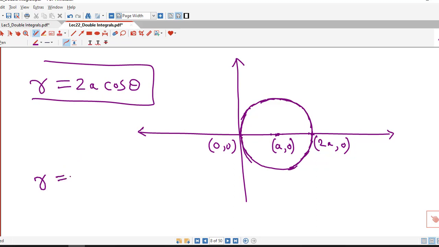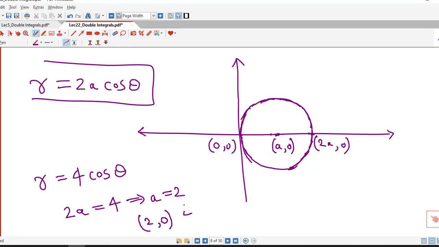Suppose I have r equal to 4 cos theta, then I will compare with r equal to 2a cos theta and determine the center and radius of this circle. So I will obtain a equal to 2. So this is a circle with center (2, 0) and radius 2. In this way we can determine the type of polar curve.